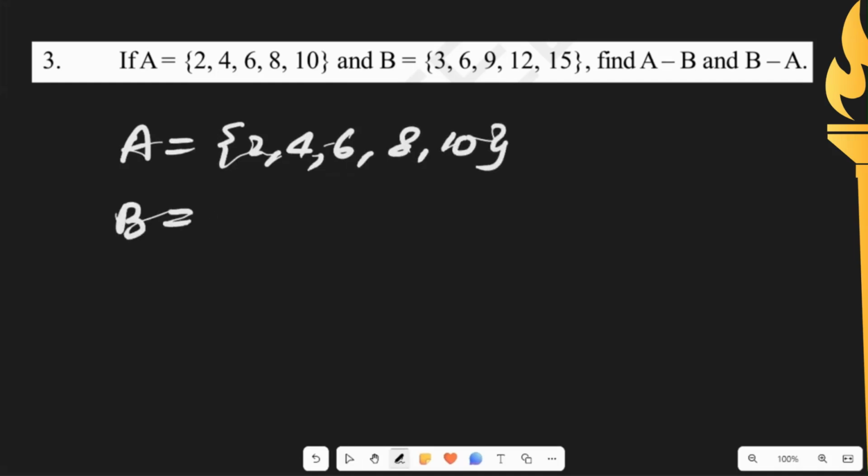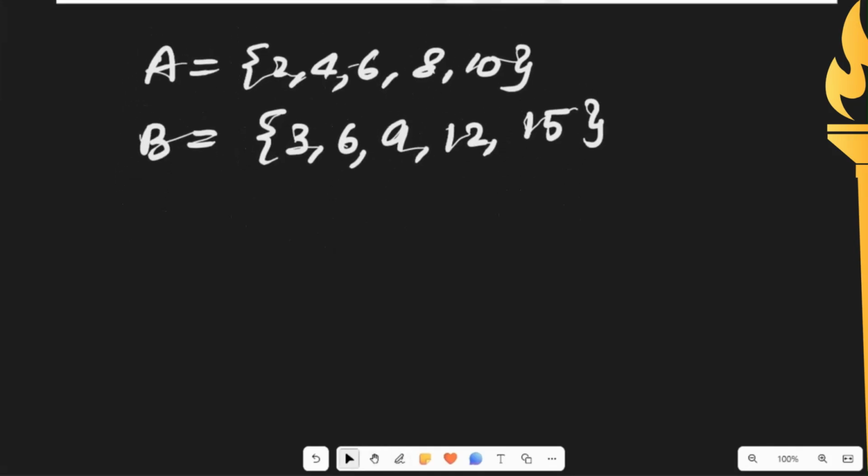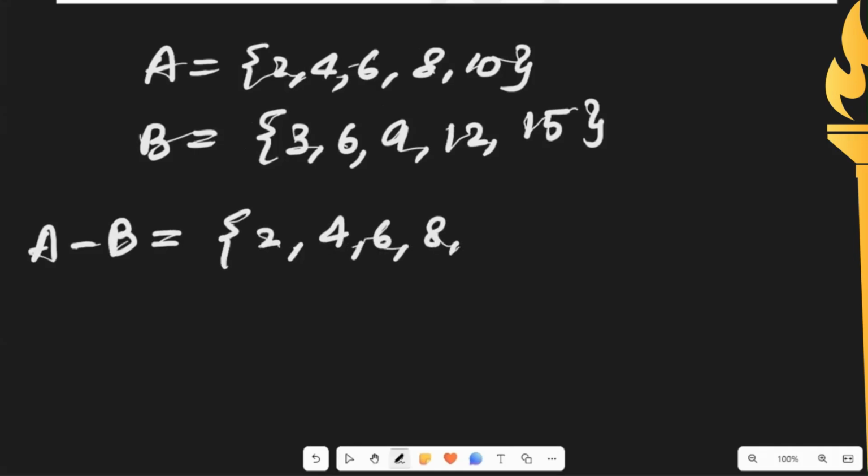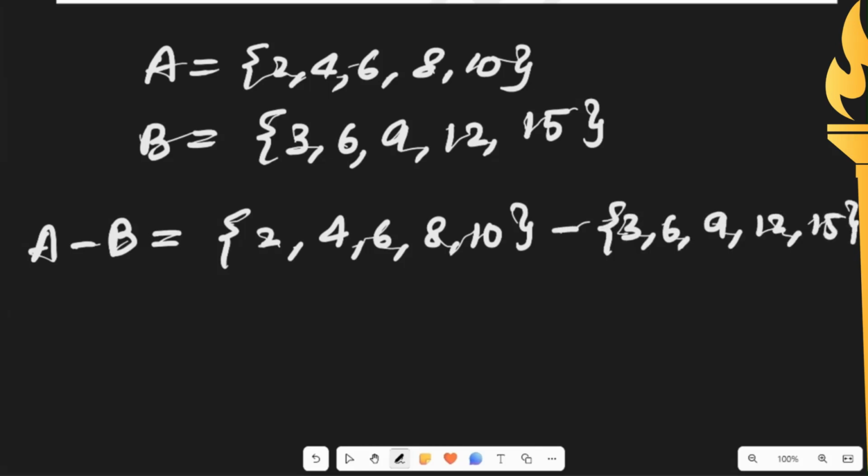Next B: we have 3, 6, 9, 12, and 15. To find A minus B, we have a small trick here, which is first we would write simply A minus B, with B as 3, 6, 9, 12, and 15.